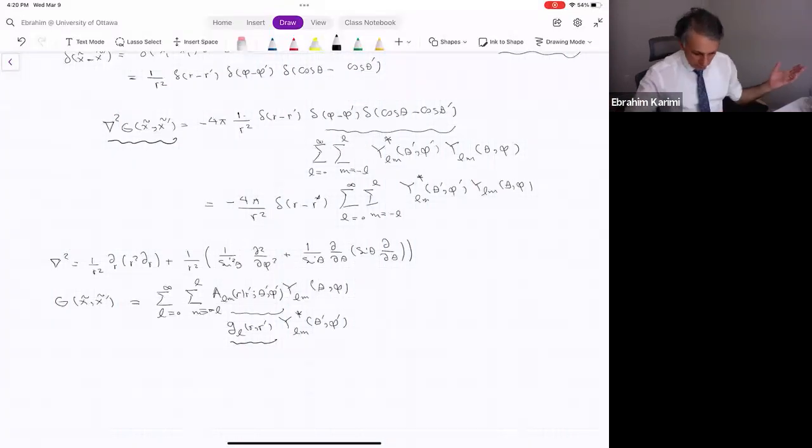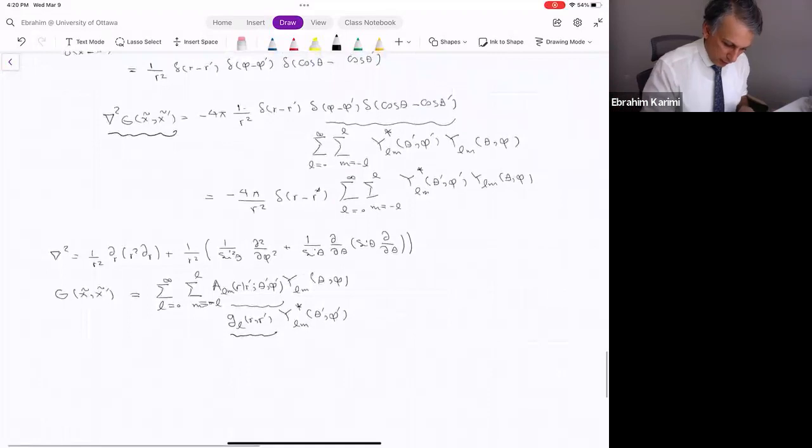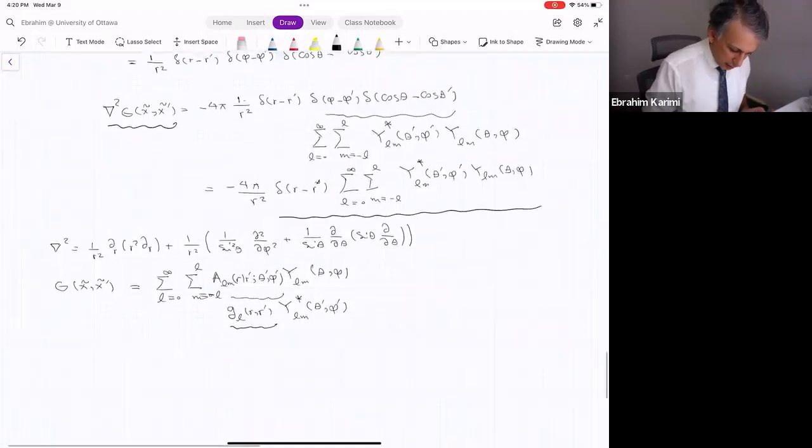Okay, fine. Now, from one side, we get this expression. From the other side, I know that g of x and x prime can be expanded in terms of this expression.